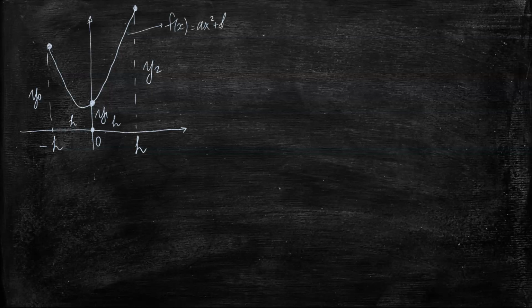So it can be written as ax squared plus bx plus c for some coefficients a, b, and c. And the question is, do we know the area under this parabola? And the answer is actually surprisingly simple. It is yes. If we integrate this parabola from negative h to h, it's an algebra problem, right?